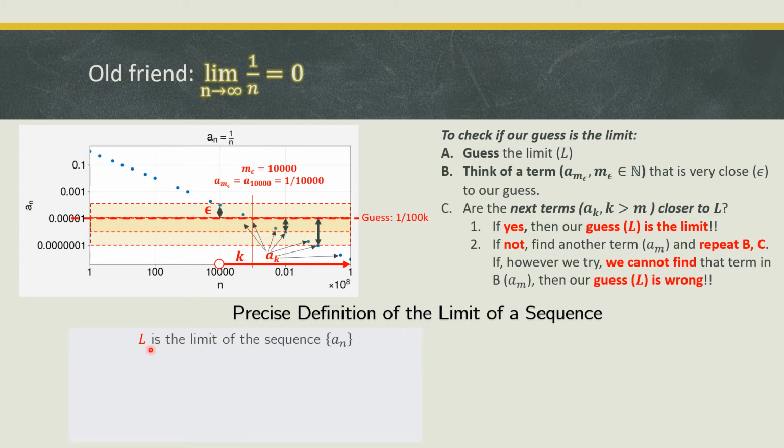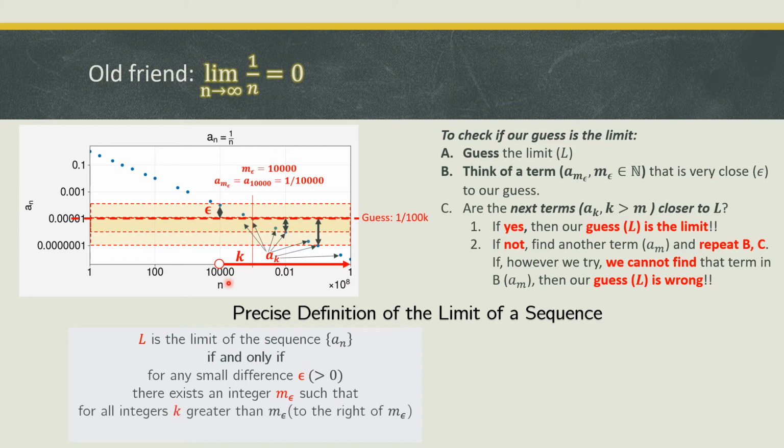We say that L is the limit of the sequence a sub n if and only if for any small difference epsilon, which is a positive number because it's the distance, there exists an integer m sub epsilon, in this case 10,000, such that for all integers to the right of that m sub epsilon, the distance between our guess and a sub k must be less than our epsilon.